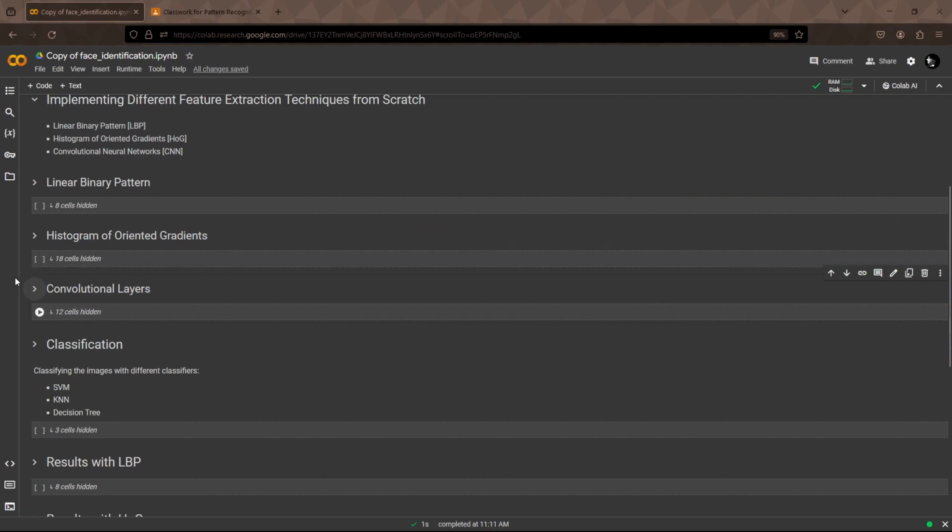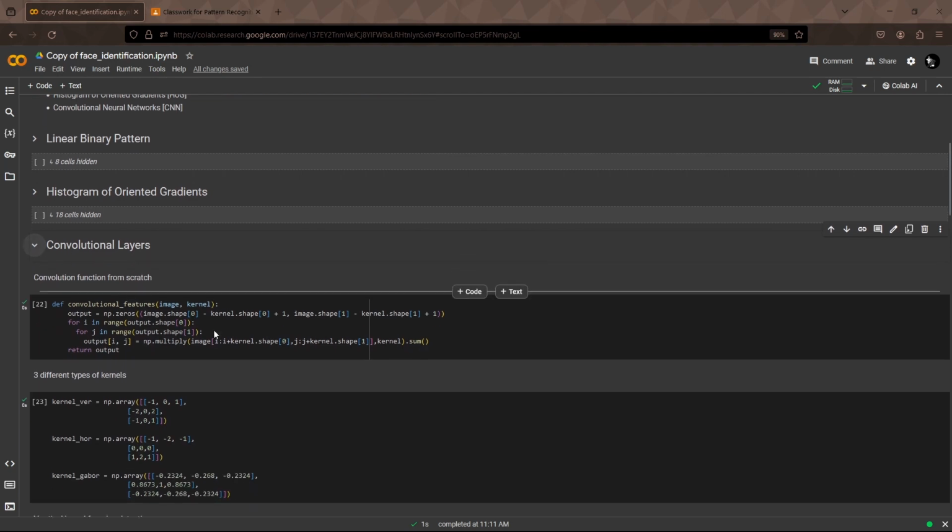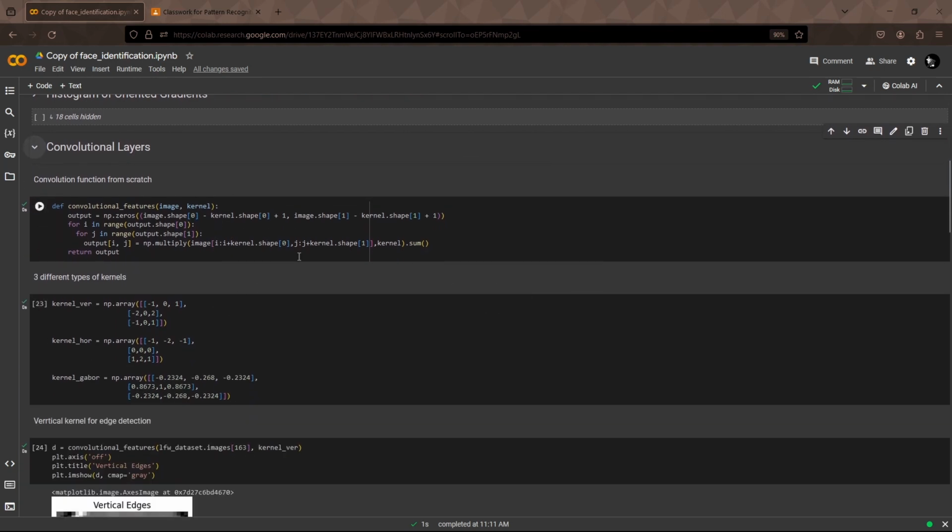So now we'll talk about the convolutional layers. What does convolution mean? In convolution, we have a kernel, which is essentially a square matrix, or any other type of matrix, with some numbers in it. You apply convolution on an image with this matrix.